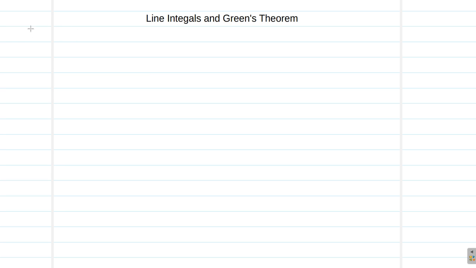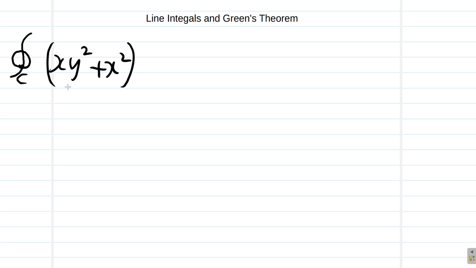You need to evaluate this integral. It is the integral along a curve going right around a region of this vector field, xy squared plus x squared dx.